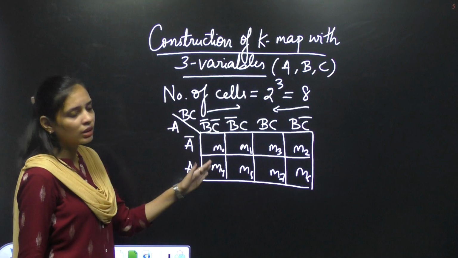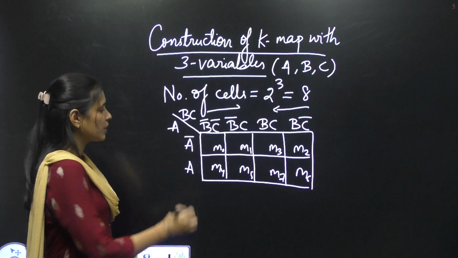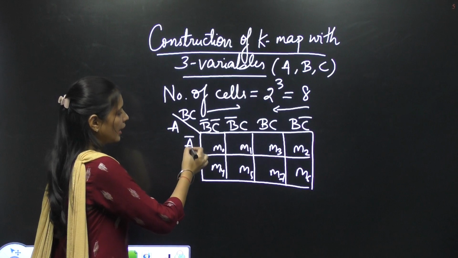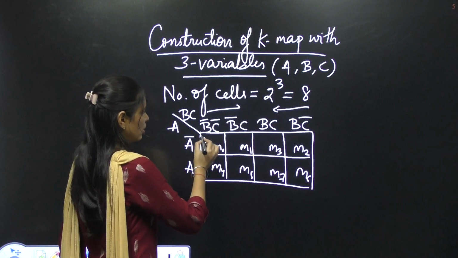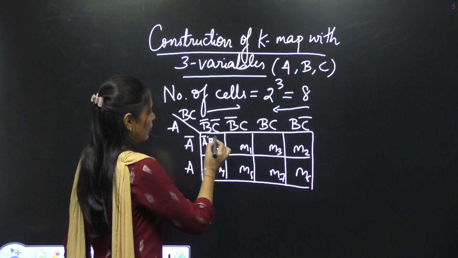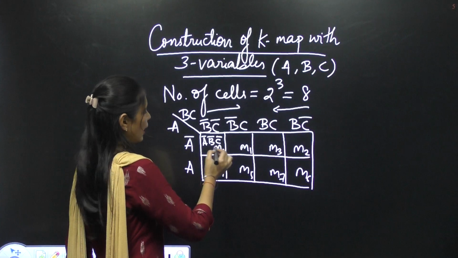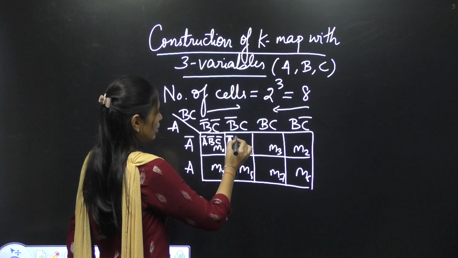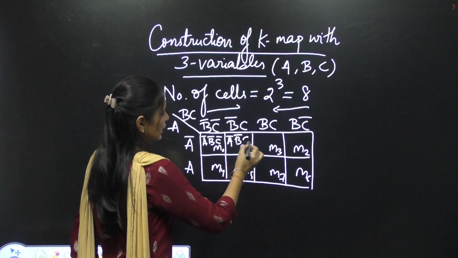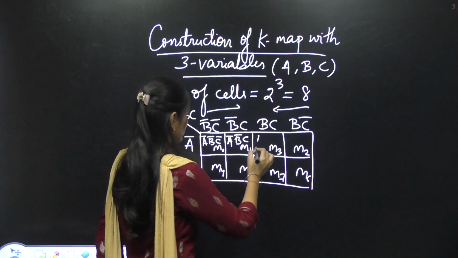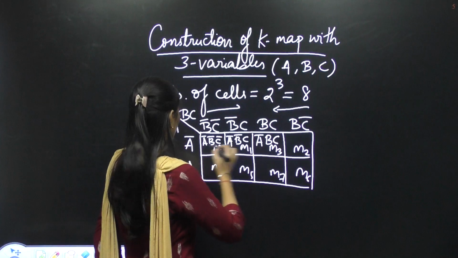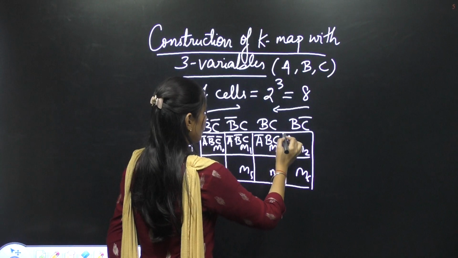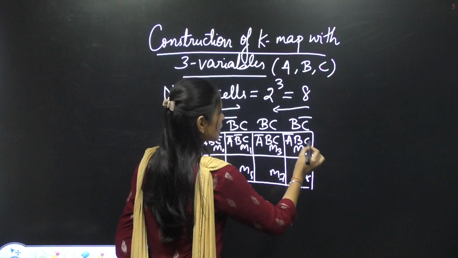To know about the min terms here, I will multiply the A bar with this to get M0, so this will be A bar, B bar, C bar. For M1 it will be A bar, B bar, C. M3 will be A bar into BC. M2 will be A bar, B, C bar.